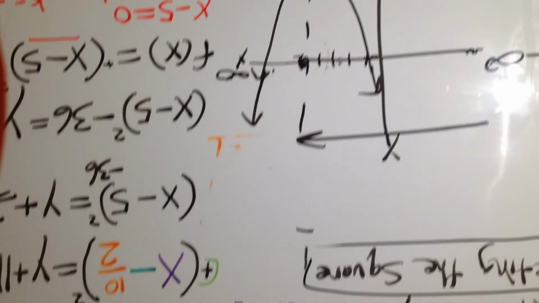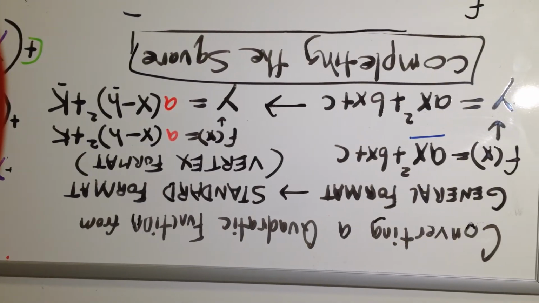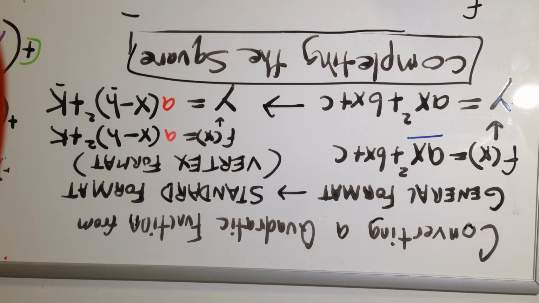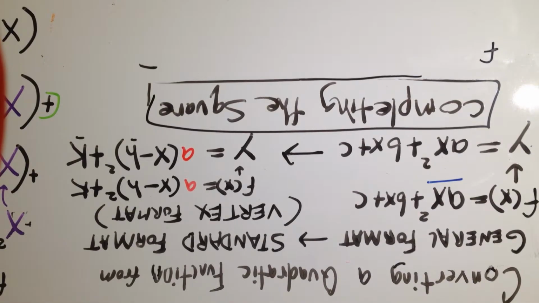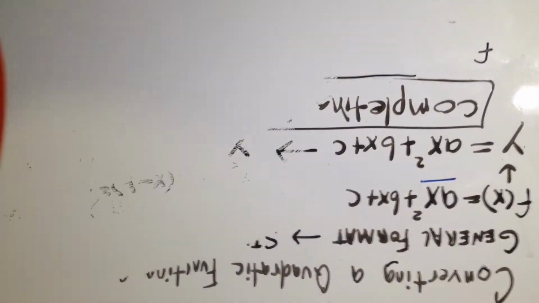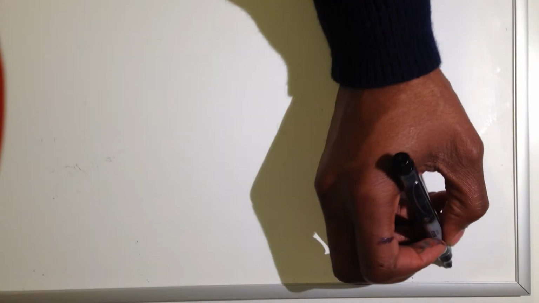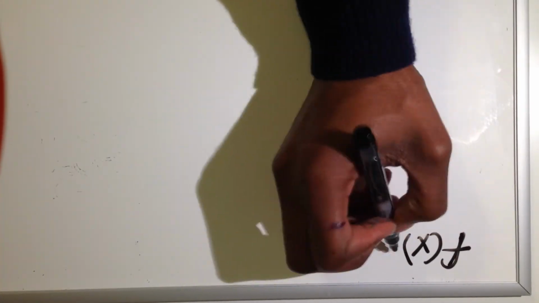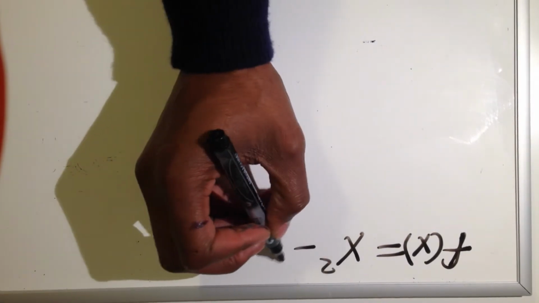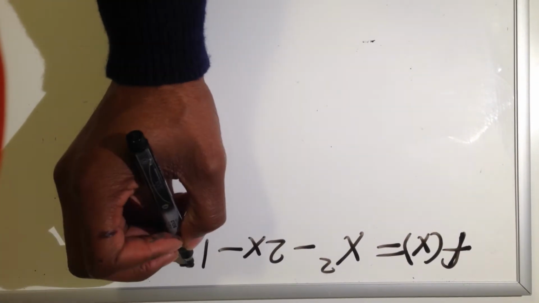And I hope this helps you understand how to convert a quadratic function from the general format to the standard format. There are other problems I would like you to try on your own. For example, try this problem: f(x) equals x squared minus 2x minus 15.